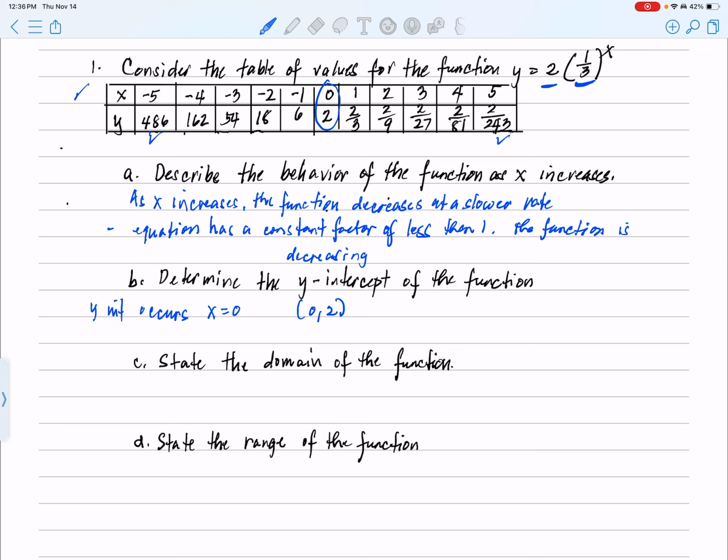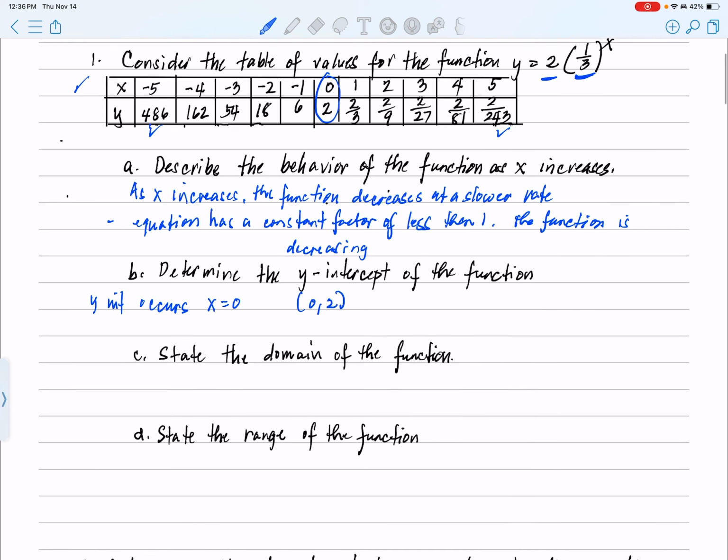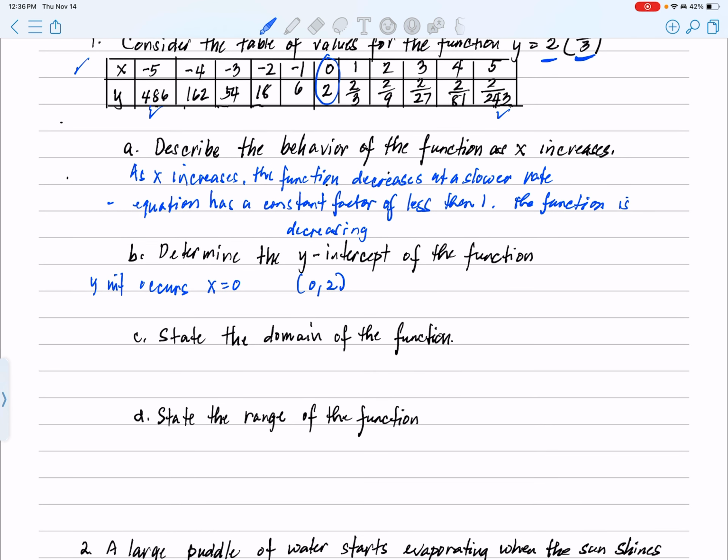So I will write this from left infinity to right infinity. That means the domain is all real numbers.